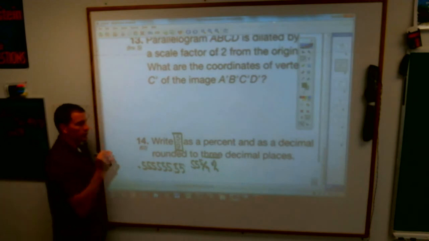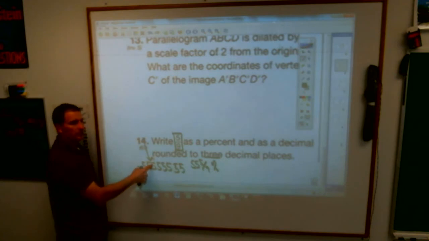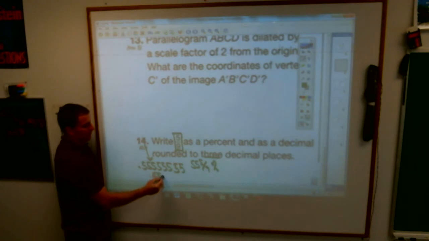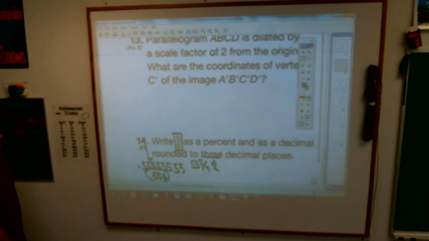You are rounding to 3 decimal places. That means this number right here is the one. The 3rd decimal place is either going to stay the same or get rounded up. This tells you it's a 5, so you round up. So you end up with 0.556, I hope. Did I get that one right?